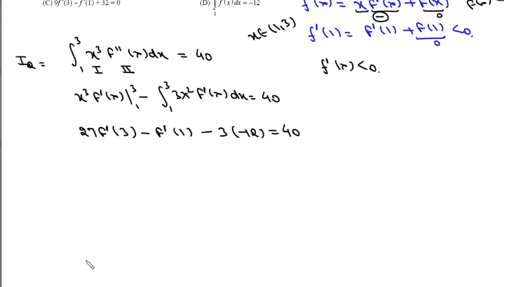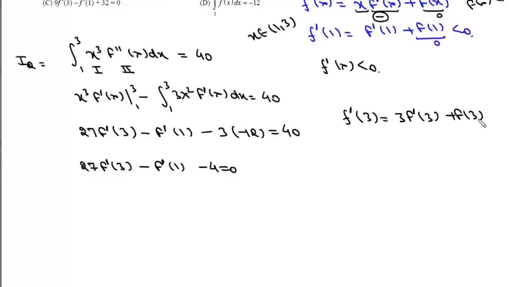Now we can write this as 27 f'(3) minus f'(1), and this is 36 minus 40, and it will be -4, equals 0. Now we know that small f'(x) is x F'(x) plus F(x). So we can write f(3) as 3 F'(3) plus F(3). Now F(3) is -4. So we can write 3 F'(3) will be equal to f(3) plus 4.